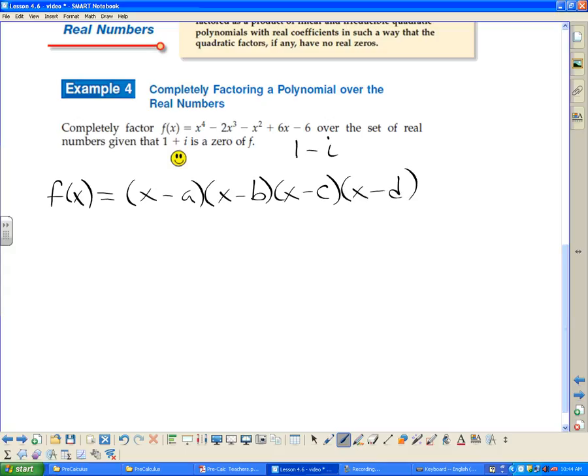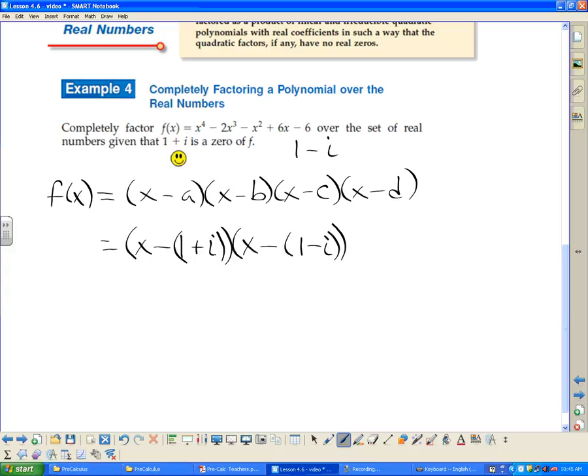They tell us 2 of them are 1 plus i and 1 minus i. So I know those 2, and I'm going to need to find the other 2. We're going to have to use some form of division in this problem to do that. So first of all, let's put in our x minus (1 plus i) and x minus (1 minus i) as factors.